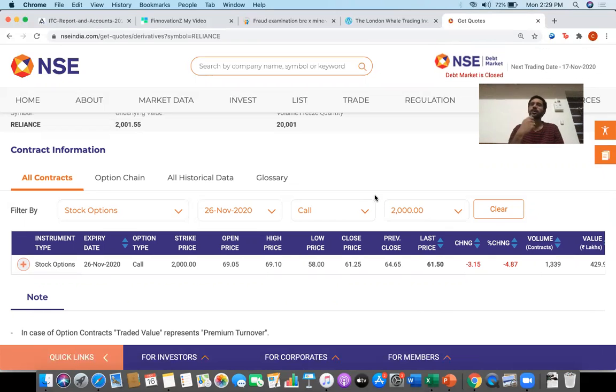I will get a Reliance share, and then if the share price goes up, I will benefit out of it. The second way is I go to the futures and options segment and I buy a call option whose strike price is 2000 rupees. From here, if the share price of Reliance goes up, again, I will benefit because the call option premium will go up and I will have a positive payoff.